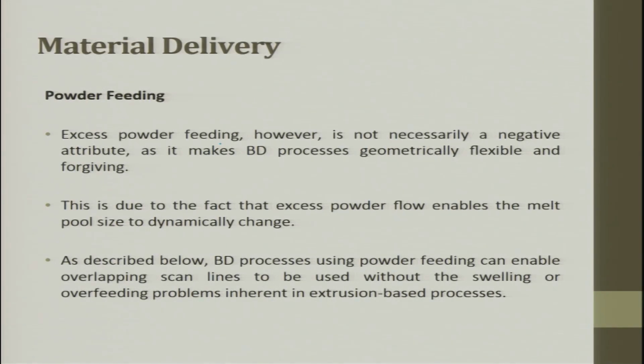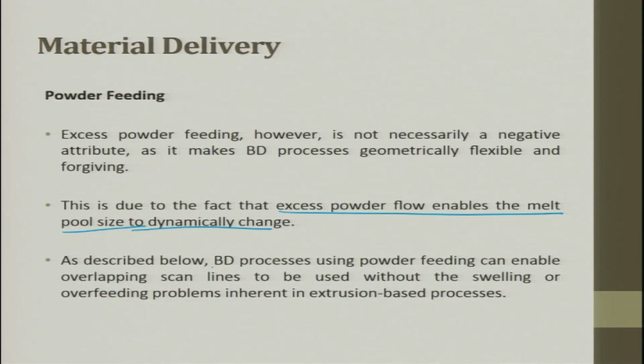Excess powder feeding, however, is not necessarily a negative attribute, as it makes the beam delivery process geometrically flexible and forgiving. This is due to the fact that excess powder flow enables the melt pool size to dynamically change. So excess powder flow dynamically changes the melt pool. When you dynamically change the melt pool, you don't know whether you get a larger track or a smaller track.